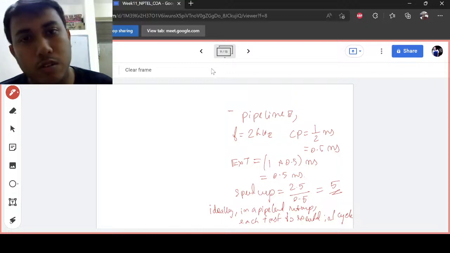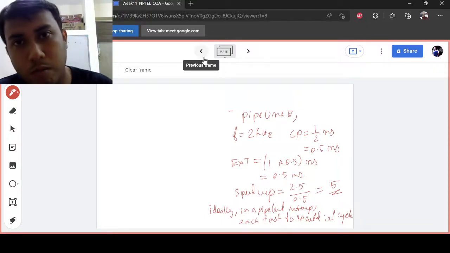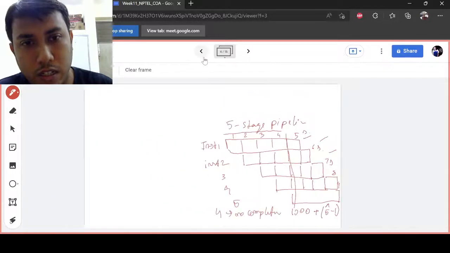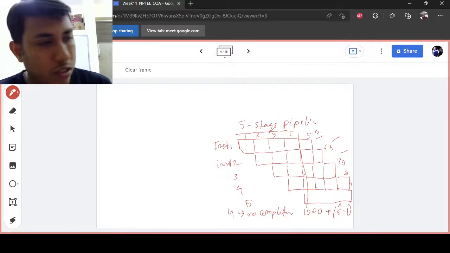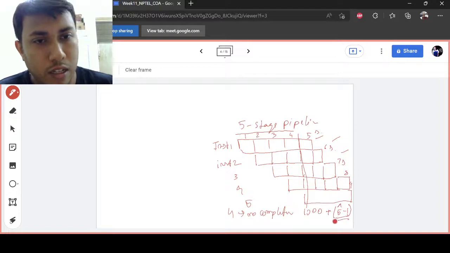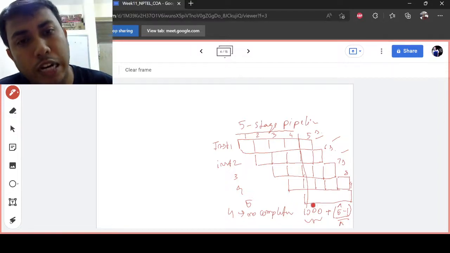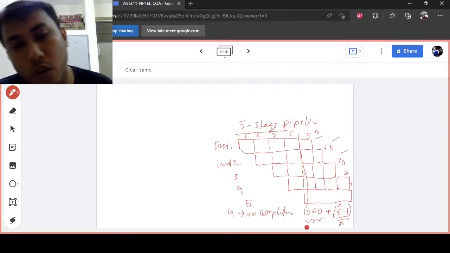If you consider this number with respect to this, it is very small. Suppose you are executing 10,000 instructions, or 10 lakh instructions, then this number is useless, it is a very small value.